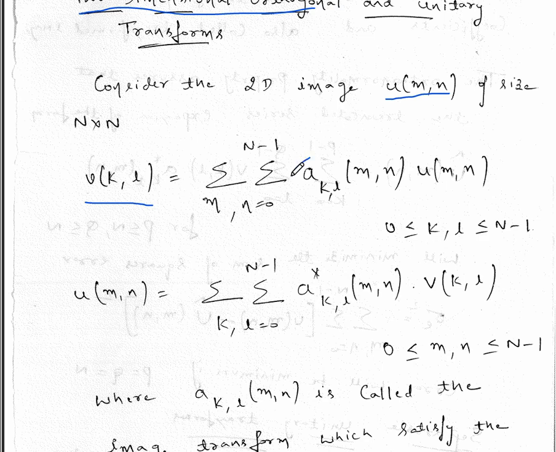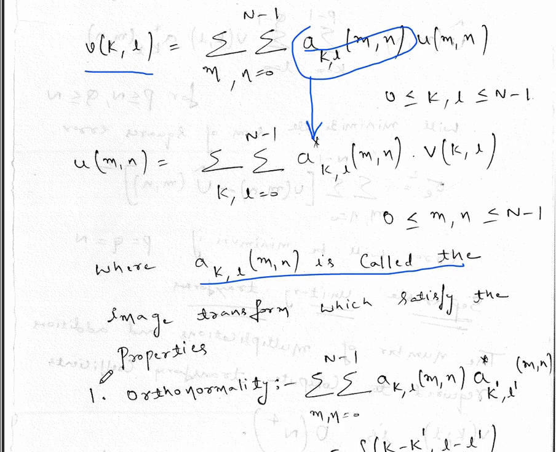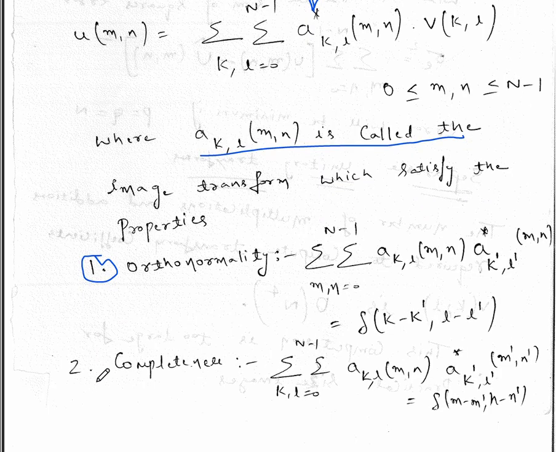Now we replace these terms by their conjugate, that is, a of k comma l of m comma n is replaced by a star of k comma l of m comma n, and a of k comma l is called the image transform, and it will satisfy the following properties. The first one is orthonormality.